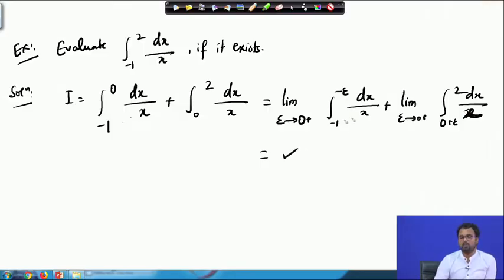And then we just evaluate each one of these individual integrals, and then we can see whether one of them or both of them are divergent or convergent. Based on that, we can draw our conclusion. This is pretty much a straightforward example.